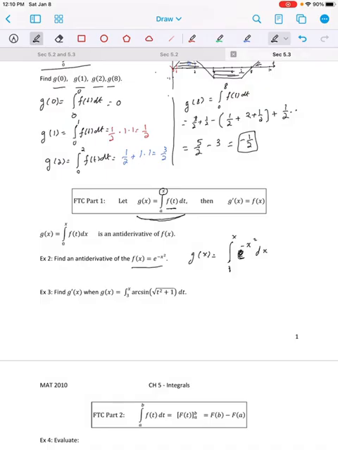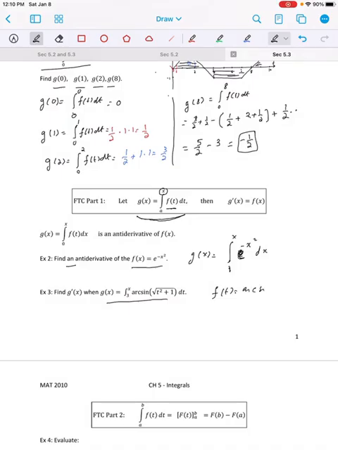The next example asks: find g prime of x when g of x is given like that. Note here, the f of t is arc sine of square root of t square plus 1.